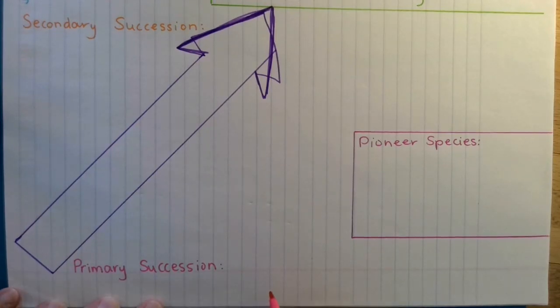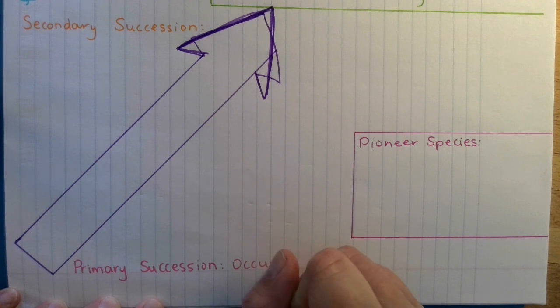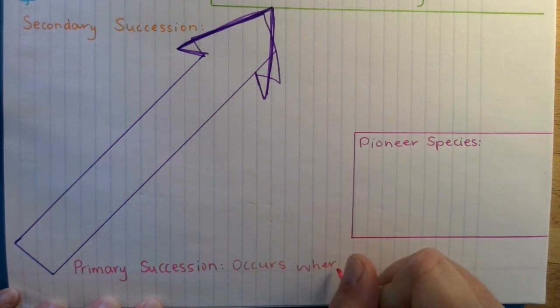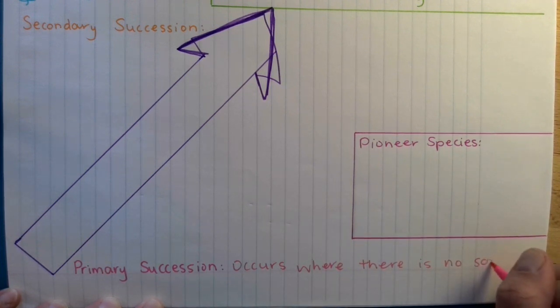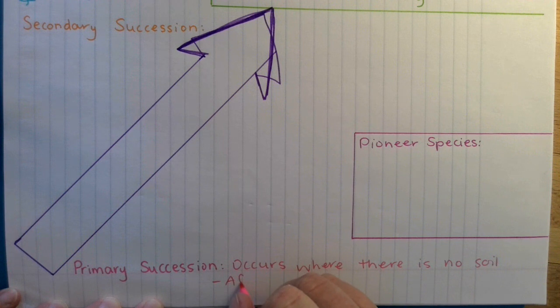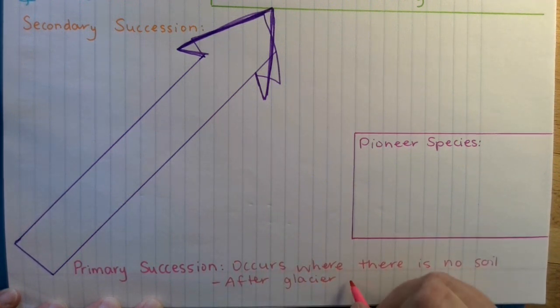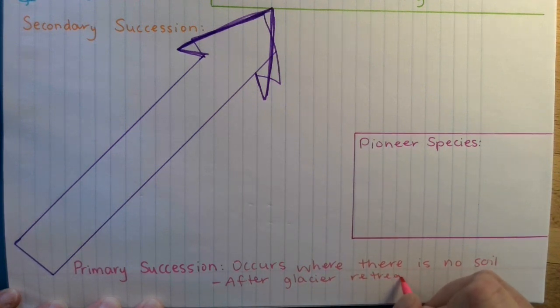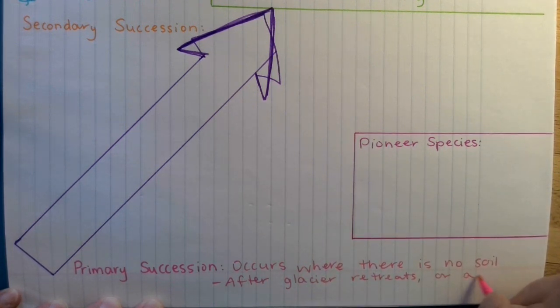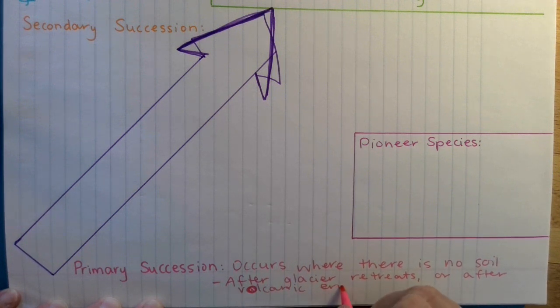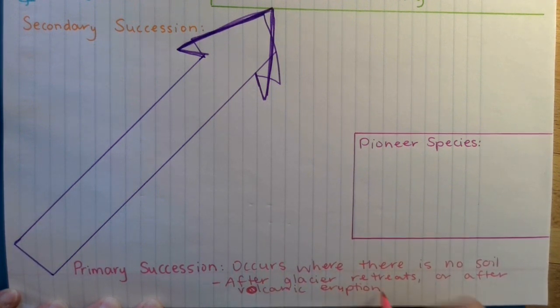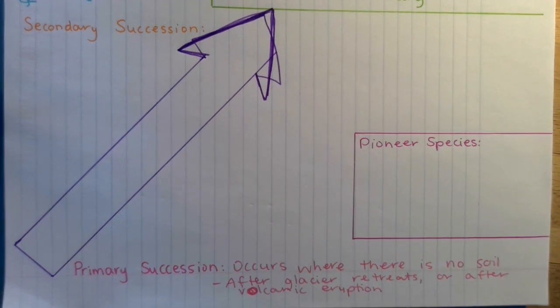So primary succession occurs where there is no soil, so after a glacier retreats, or after a volcanic eruption. So there's no soil, there's just bare rock there.